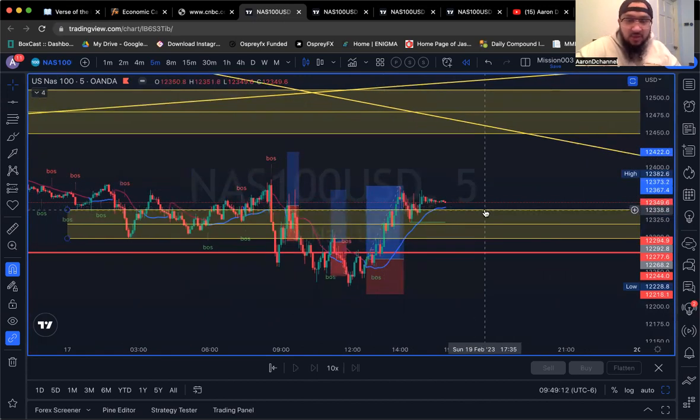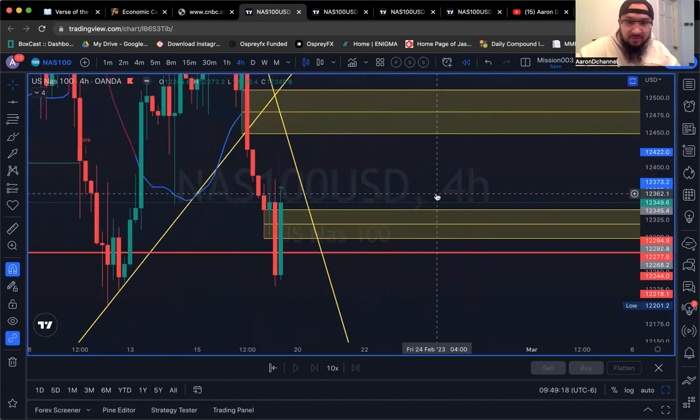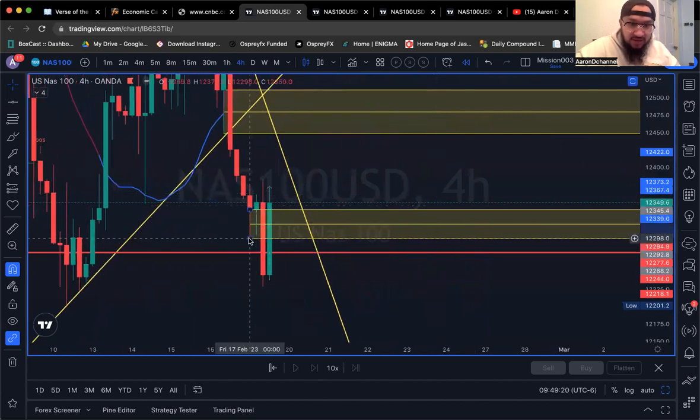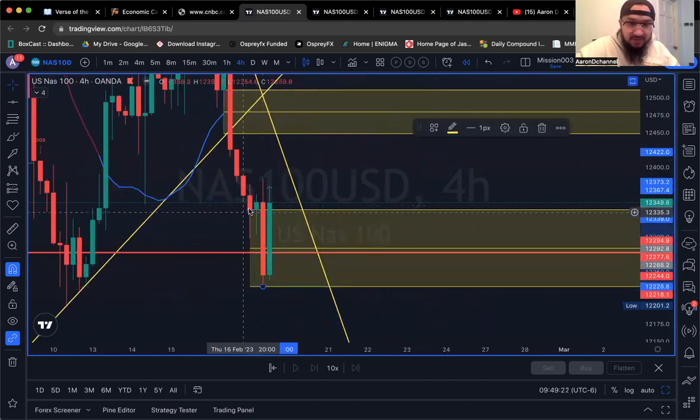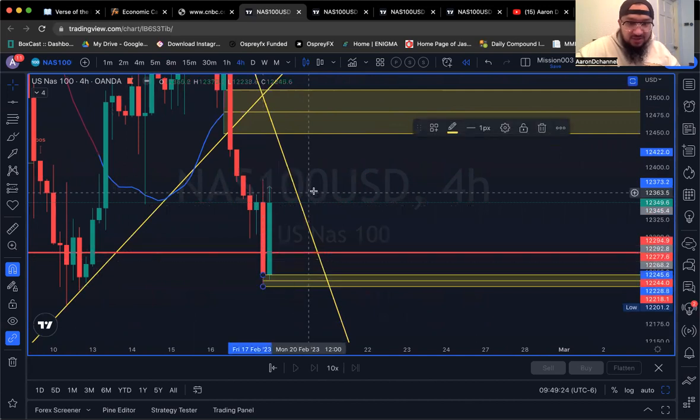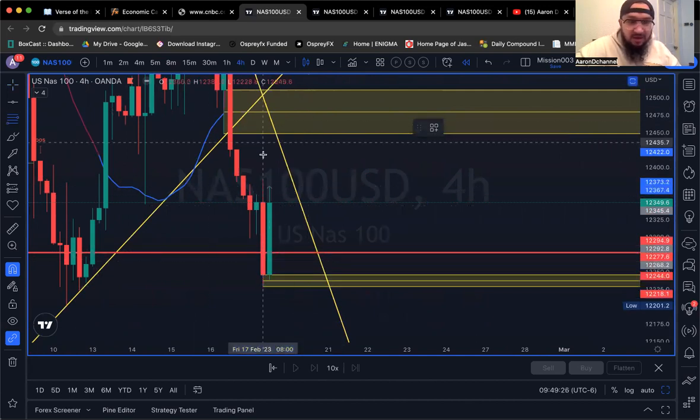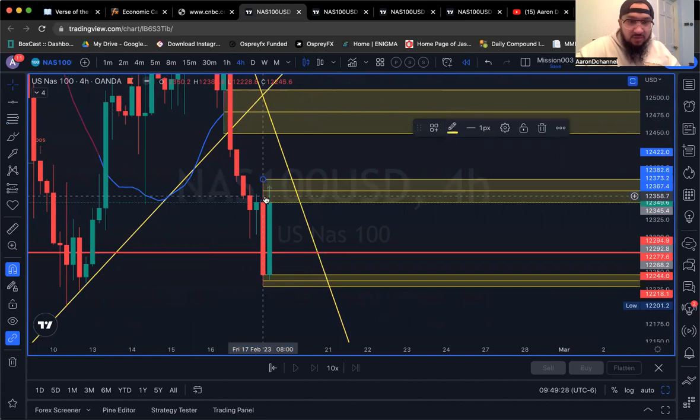There are always things that happen in real time that we have to be mindful of. One of them is when we look at the higher time frames, it starts to show us a couple of different ways to view the market.